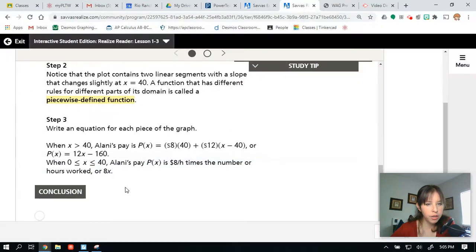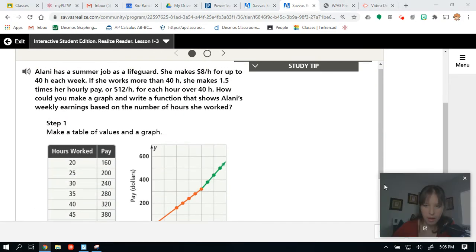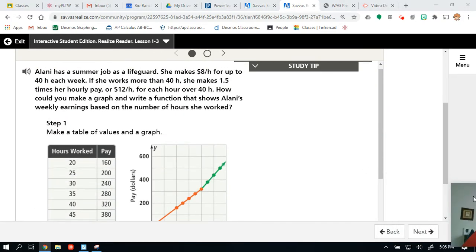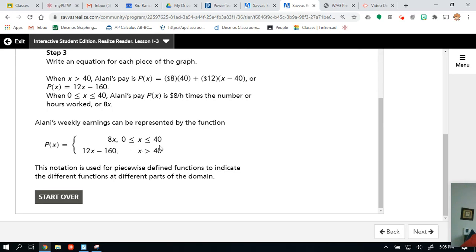So our two equations are going to be 8x when x is 0 to 40.